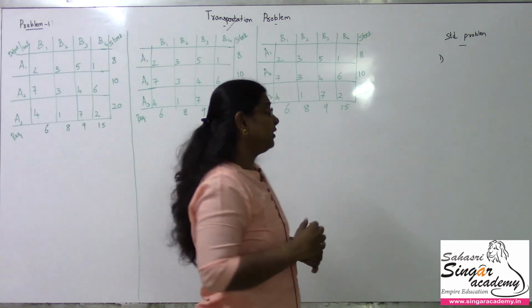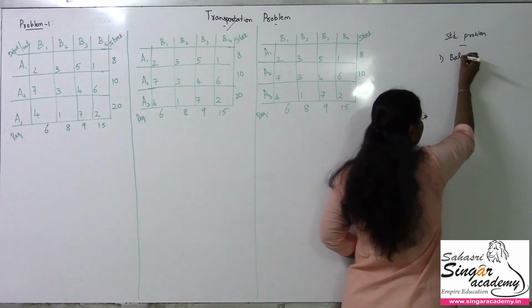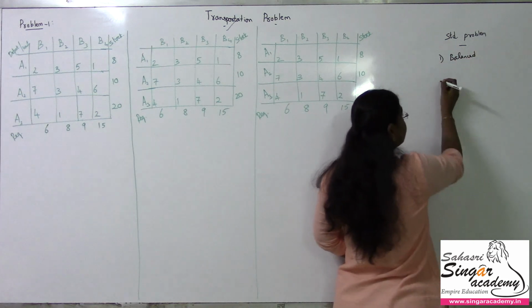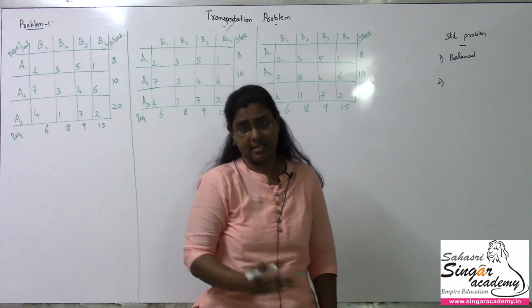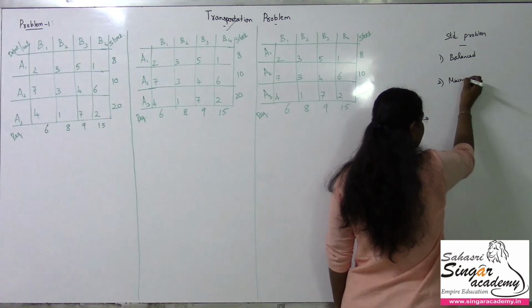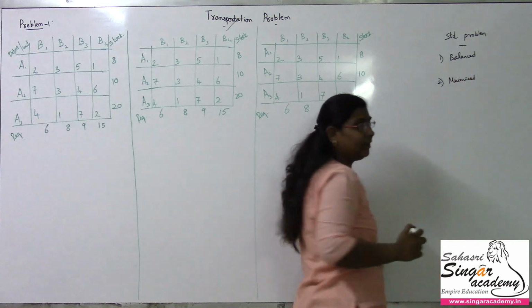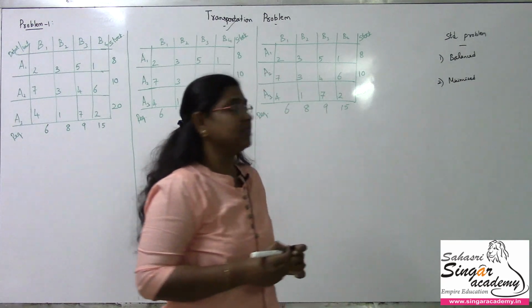So we check whether it is a balanced problem. Second, since we are talking about transportation cost, it has to be minimized. So the second check is whether it's a minimization problem. We need these two checks for a standard problem: balanced and minimized.